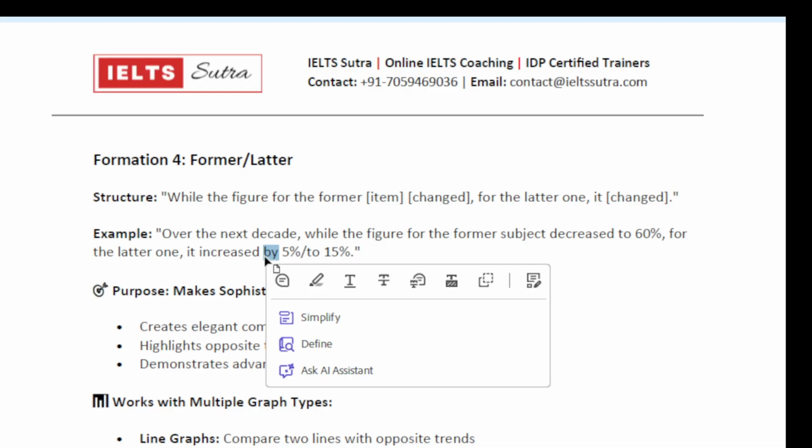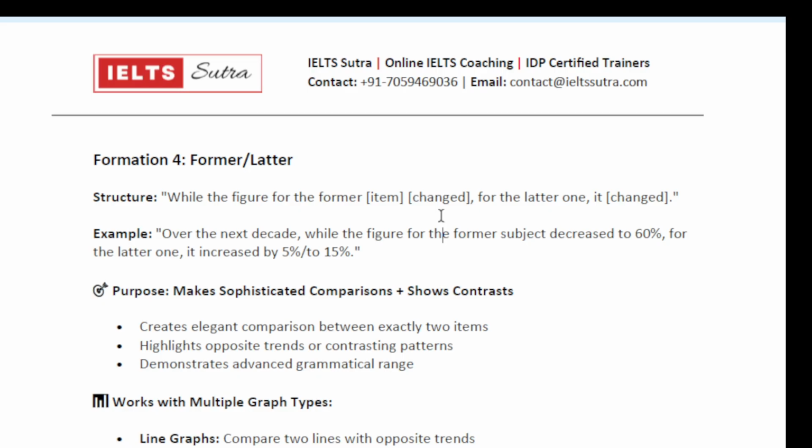For example, if something is increasing from 10 to 15%, there is a difference of 5%. So if we write by, we will write 5%. But if we want to write the complete end value, then we can say to 15%. So here in this case, one figure is increasing and one figure is decreasing, and there is a total contrast. For that purpose, you can use former and latter formation, unlike respectively where both the changes are parallel, right?